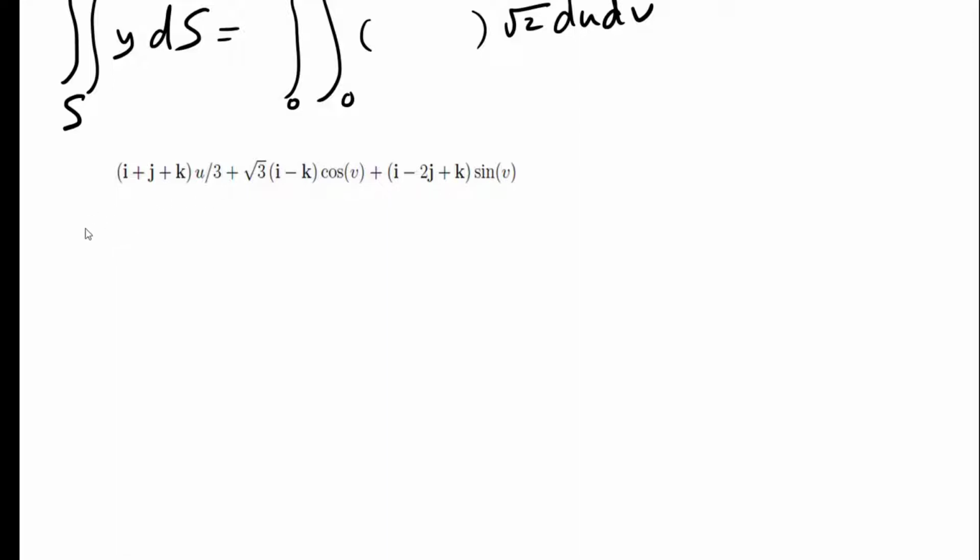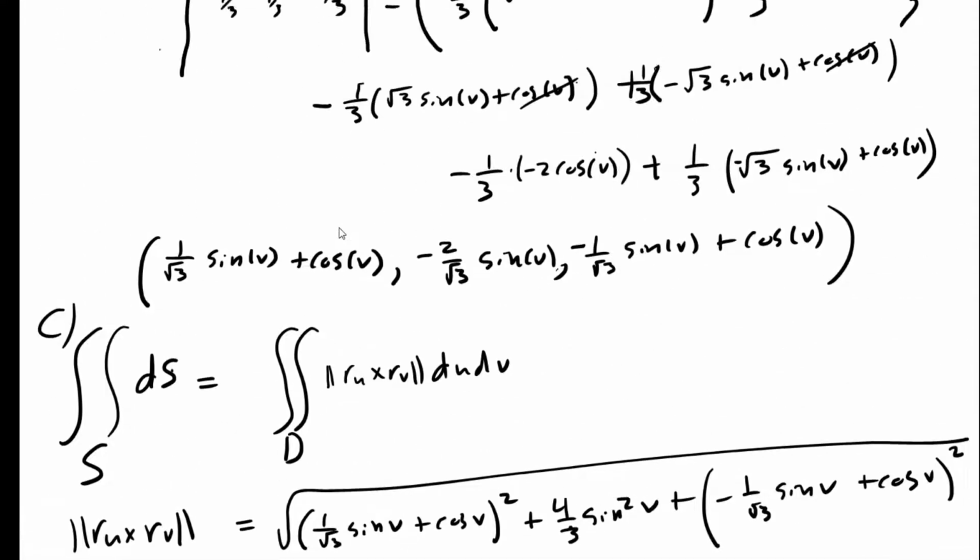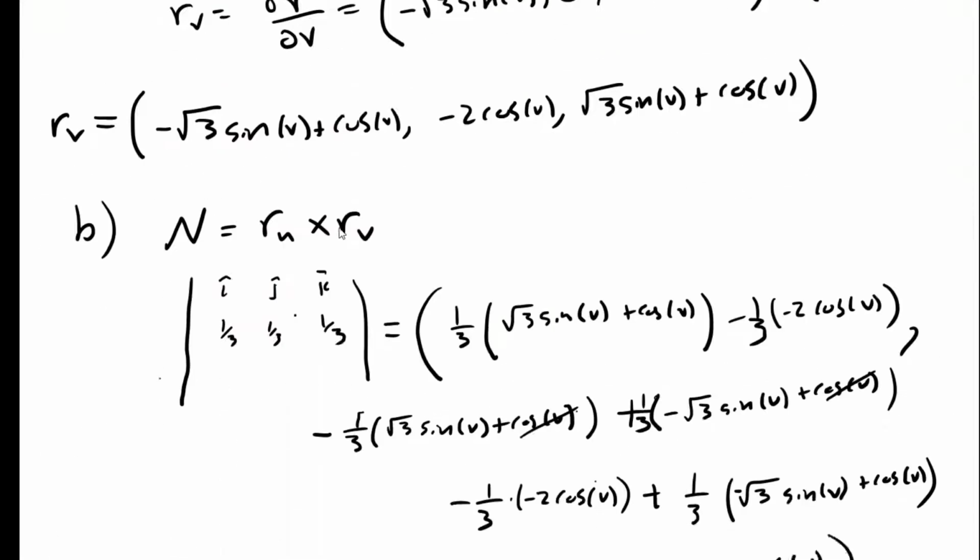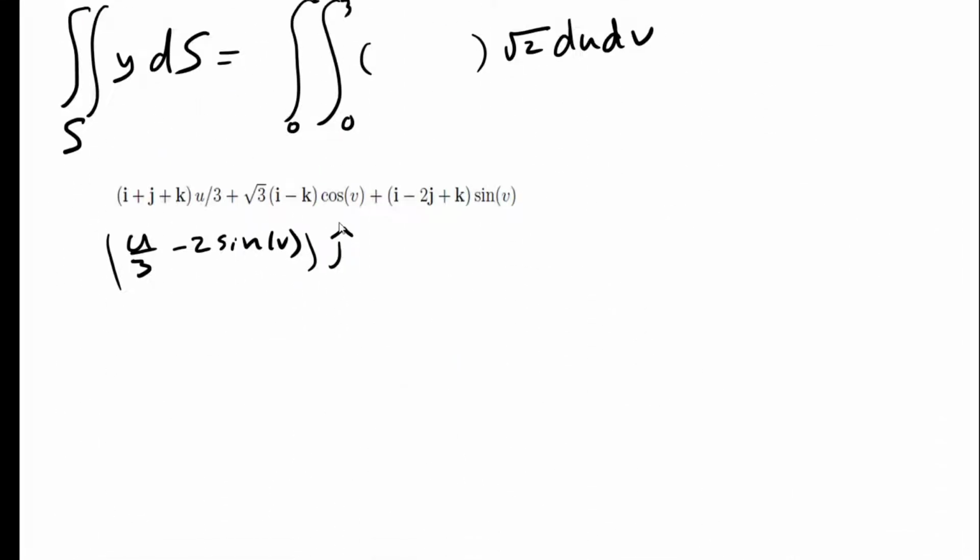I just need to figure out what was the j component. So I had a u over 3 in there. There's no j component here, minus 2 sine v. And this was my j component, the y component. Did I include that up here? I think I did. Yes, I did. Okay, so this was my y component.